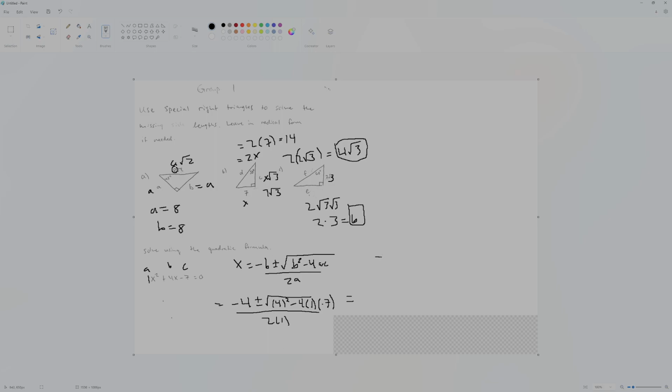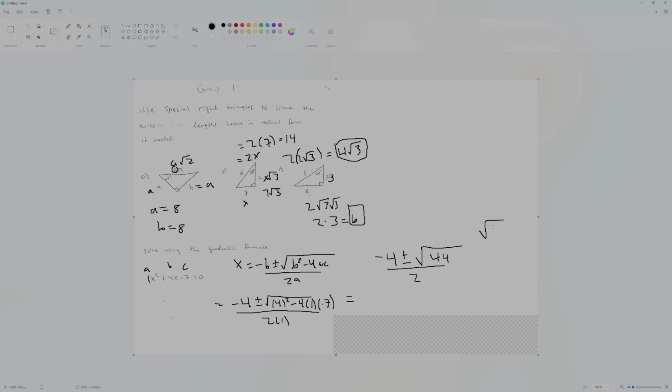When you put this stuff under the root on a calculator, 4 squared is 16, and negative 4 times negative 7 is positive 28. So 16 plus 28 gives you 44, all over 2 times 1, which is 2.